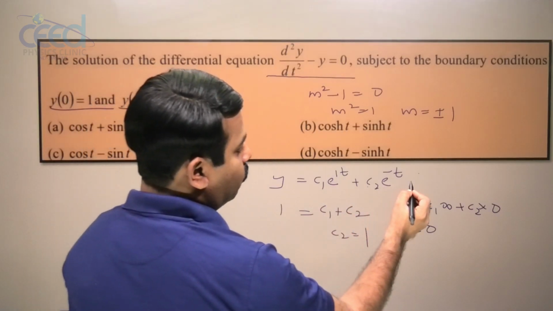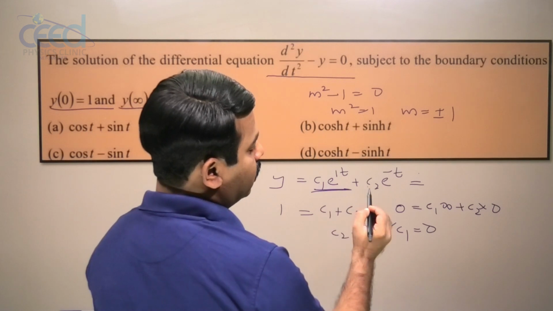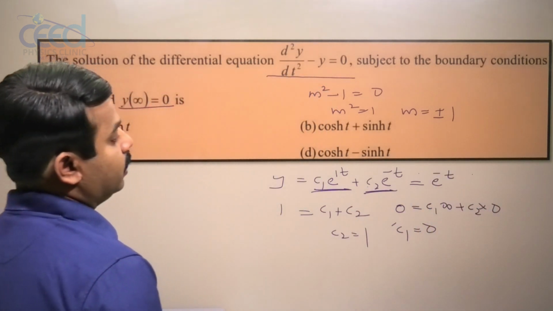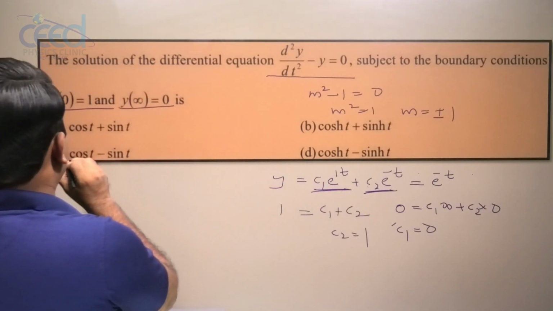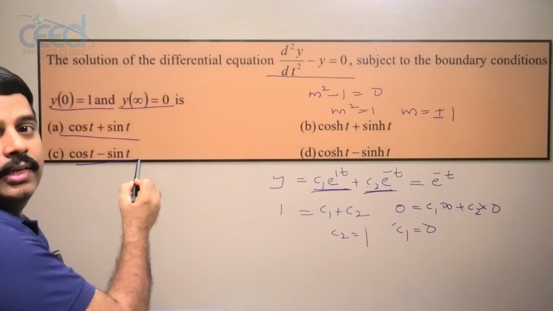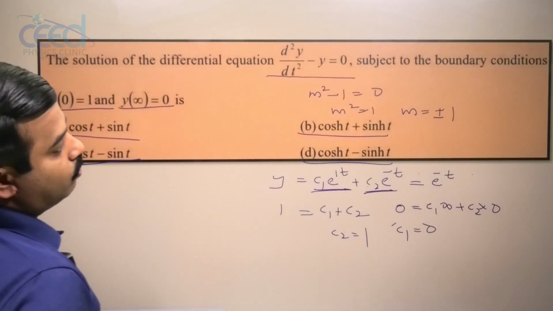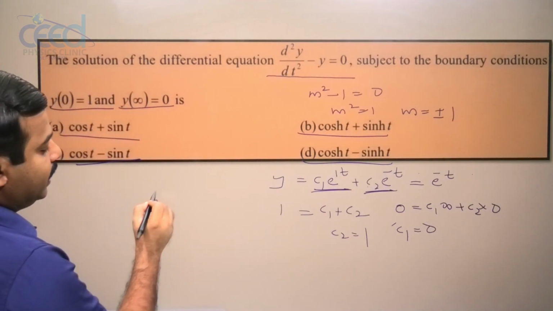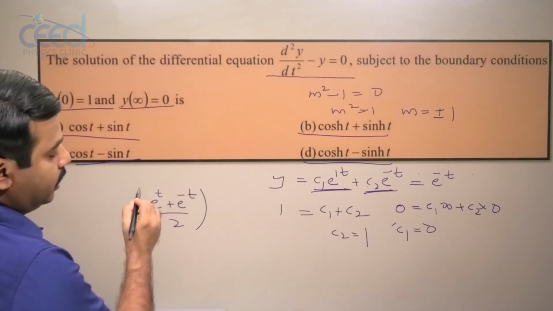After getting that, what is the solution? Finally c1 is 0, that means this term is not there, c2 is 1, then e raised to minus t, right? Now but e raised to minus t is not given in the options, right? So we have to check which one is satisfying e raised to minus t, right? See, you know that cosh t is e raised to t plus e raised to minus t by 2, right?